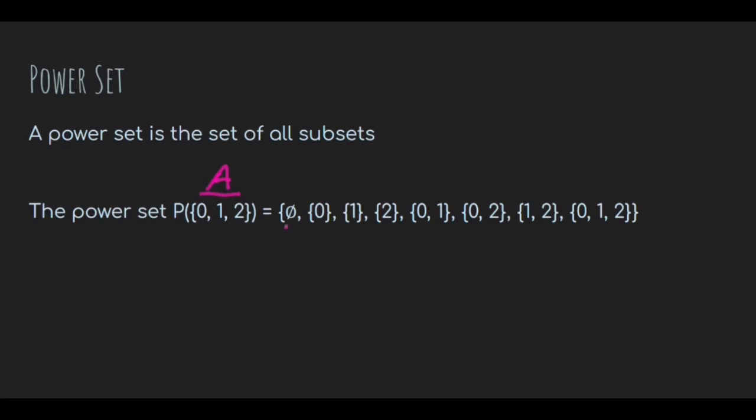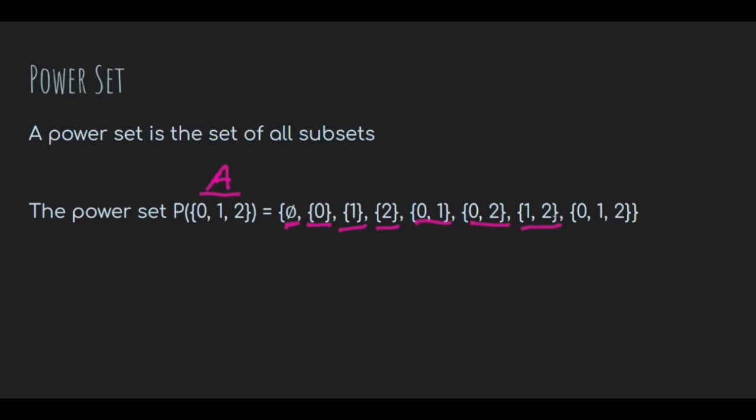Every set needs to contain an empty set. Then we have a set for each element. So 0, we have 1 for 1, and we have 1 for 2. And then now we need to do combinations, 0, 1, 0, 2, and then 1, 2.